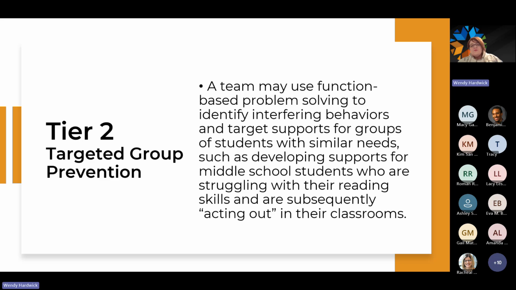Tier 2 is where we apply group strategies for students with similar challenges without needing individualized plans. For example, a small group social skills intervention could be developed using basic function-based thinking.